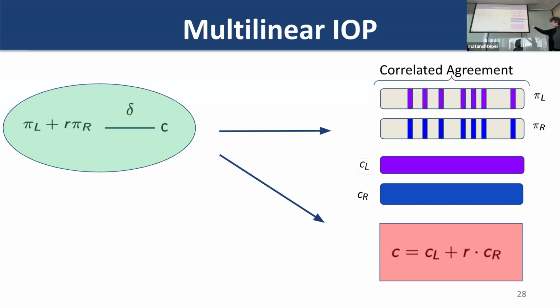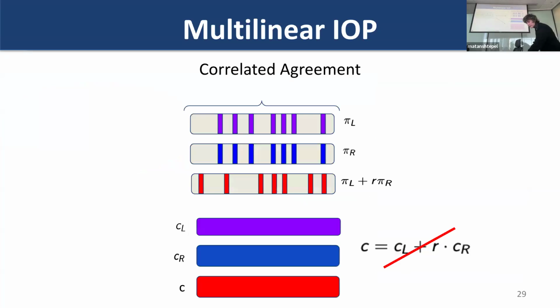If these two things are multilinear polynomials, and C is as well, then this would be a partial evaluation. I will show that later, but that's the high level idea. Okay, and just to describe the difference between correlated agreement and stronger correlated agreement, because it can get confusing.